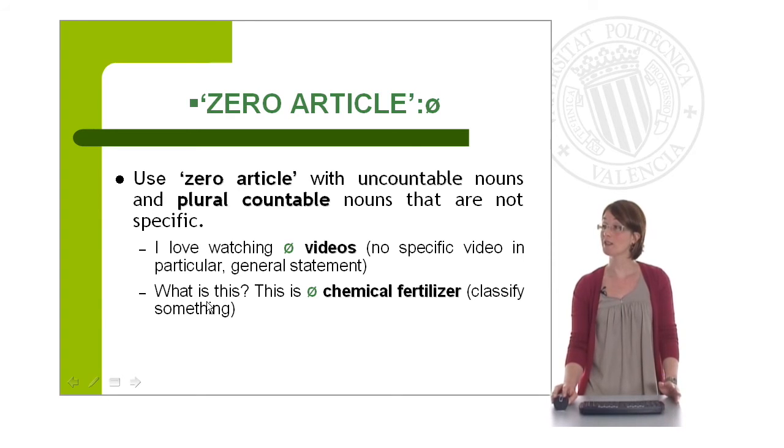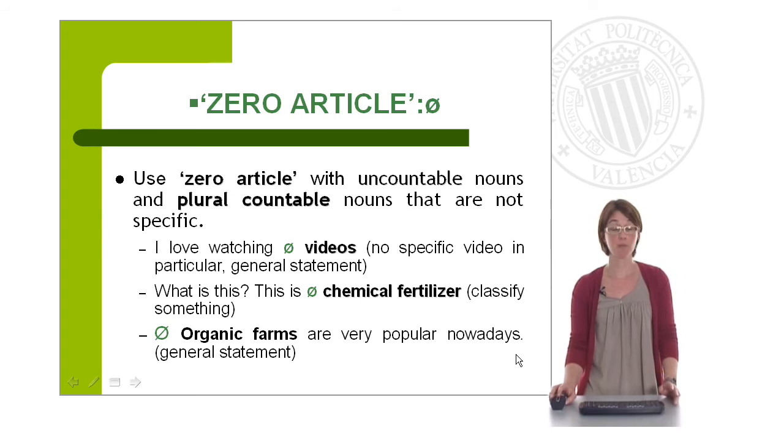Or, what is this? This is chemical fertilizer. In this case, I'm classifying something into a group or category. And the last example, organic farms are very popular nowadays. Again, I'm just talking in general. This is a general statement. So I'm not talking about specific organic farms.